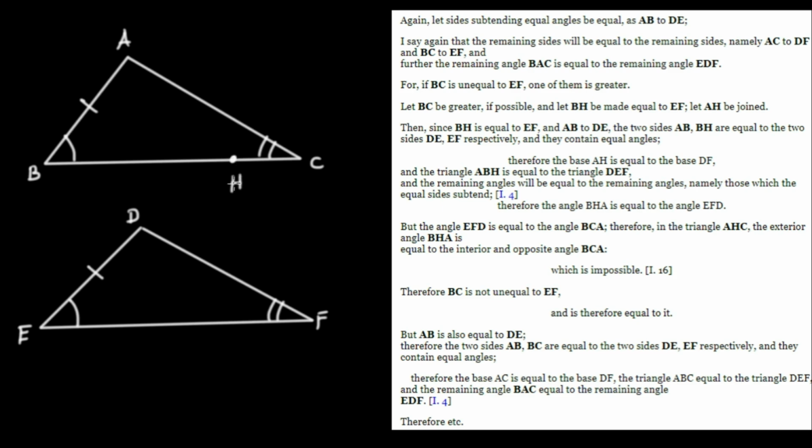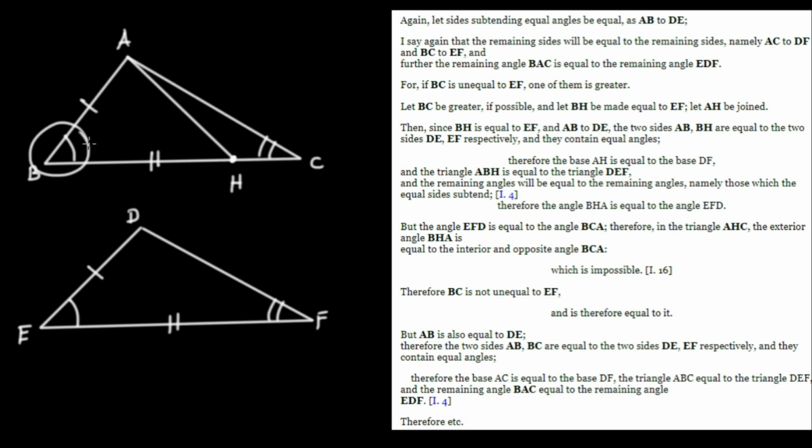So we're going to do so. Let's call this point H, as he does, so that BH is equal to EF. And he says let AH be joined. We'll do that. Next he says, then since BH is equal to EF and AB to DE, the two sides AB and BH are equal to the two sides DE and EF respectively, and they contain equal angles.